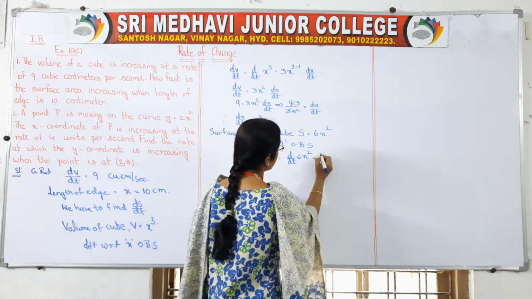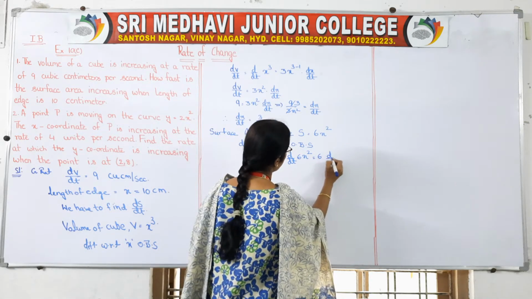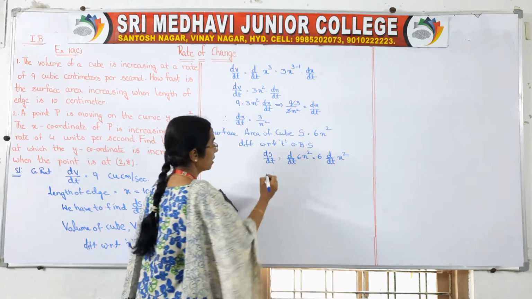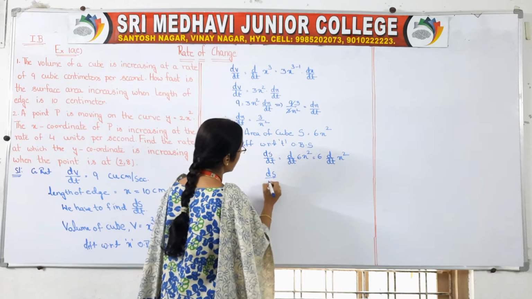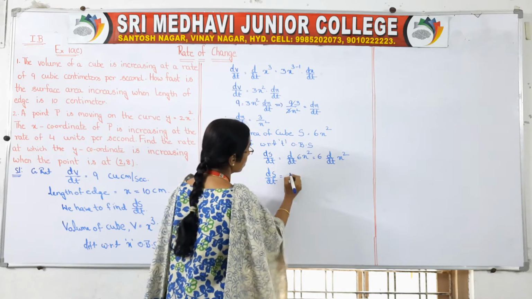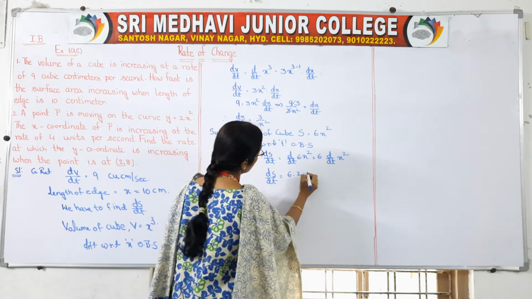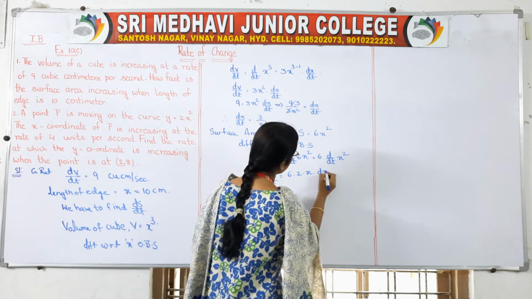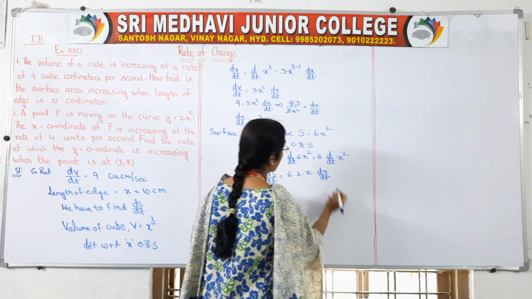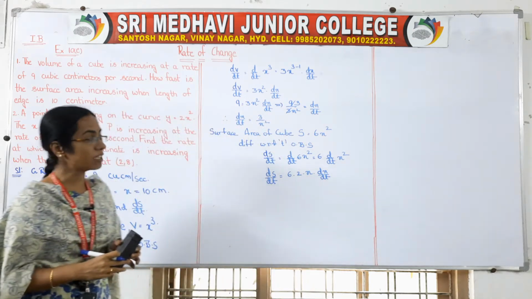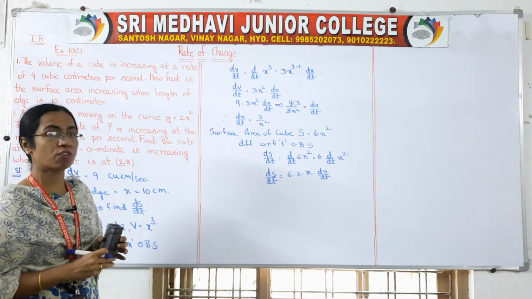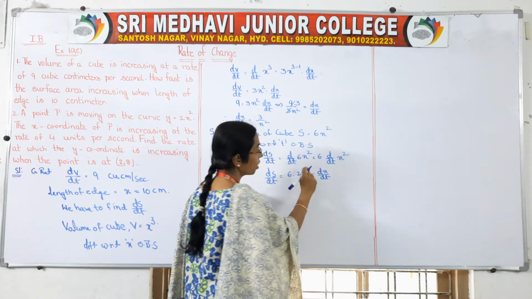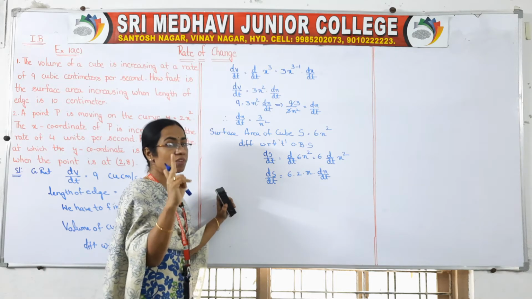Okay, so 6 is taken outside, it is d by dt of x square. So dS by dt is equal to 6 into 2 into x into dx by dt, right? d by dt of x square: for the x to the power of n form, it is n into x to the power of n minus 1, so 2 into x to the power of 2 minus 1. 2 minus 1 is 1.